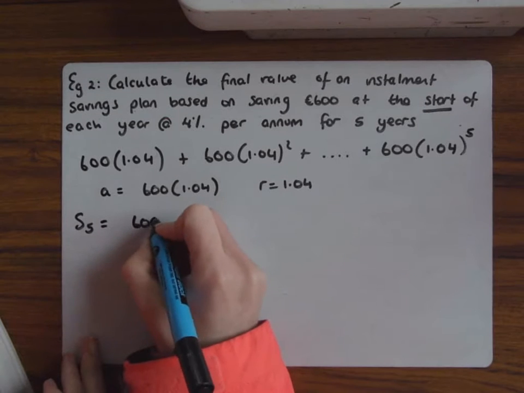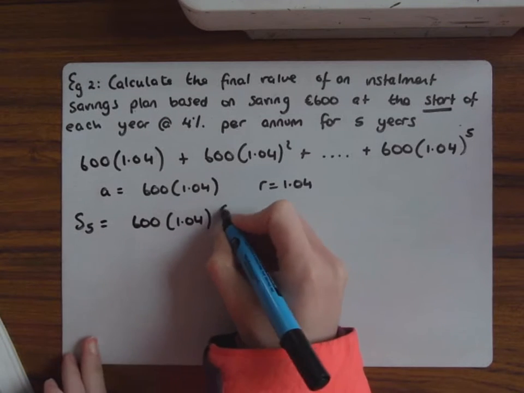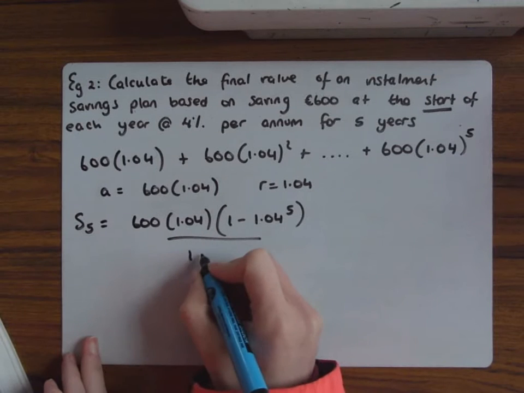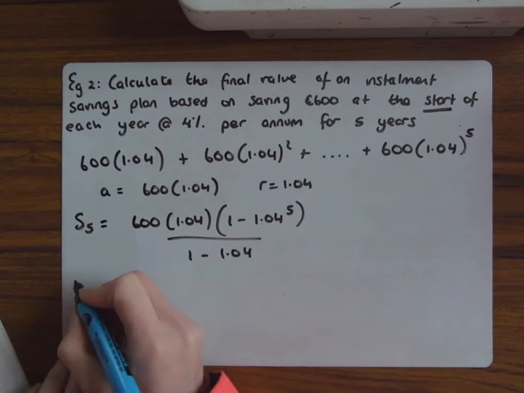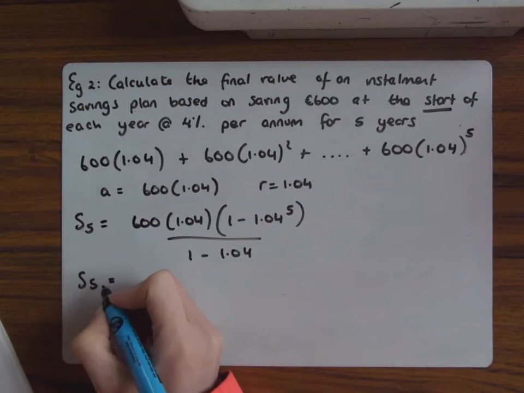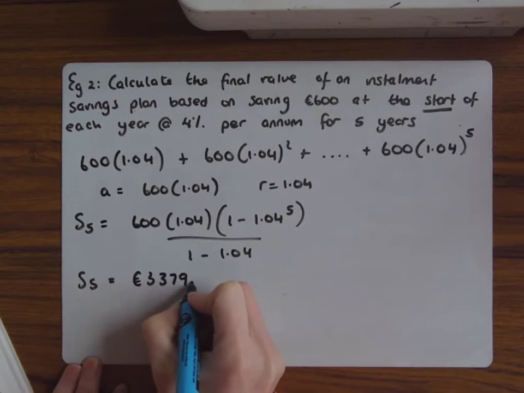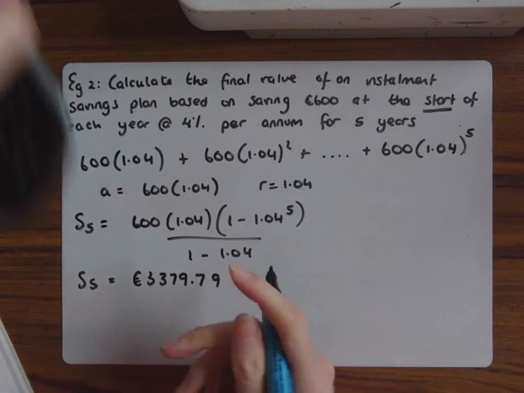So A times 1 minus R to the power of N over 1 minus R. The final amount is 3,379.79. I'm just going to check that.